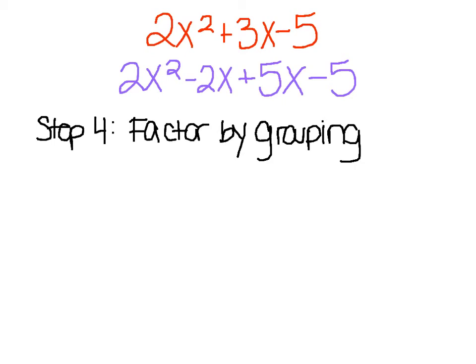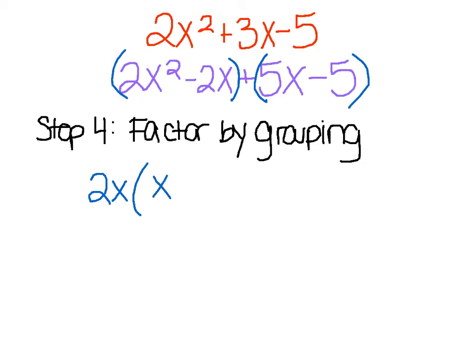So we're going to put parentheses around the first 2 terms and parentheses around the second 2 terms with a plus sign in the middle. That plus sign is very important. And then we're going to take out a GCF from each binomial. Well, 2x squared minus 2x has a GCF of 2 and x. So 2x squared divided by 2x, I'm left with an x.